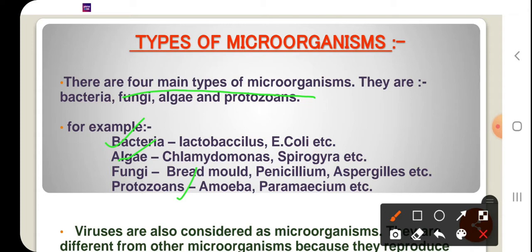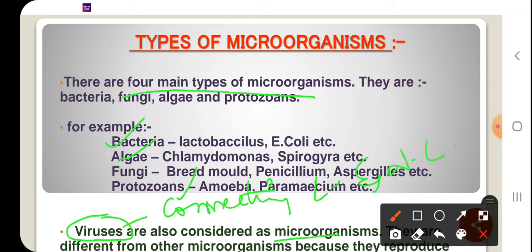So these are the 4 different types of microorganisms that we find in nature: bacteria, fungi, algae, protozoans. Along with these 4 types, we even have viruses, which are almost considered microorganisms and always act as a connecting link between the living and non-living organisms.